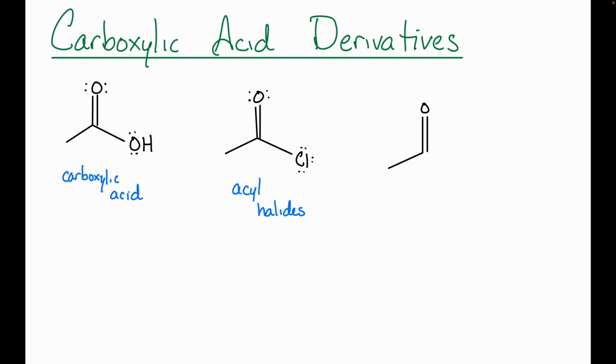All right. Let's keep that an oxygen, but instead of a hydroxyl group, we're not going to have that oxygen bound to a hydrogen, but rather to some number of other carbons. This is what we would call an ester.